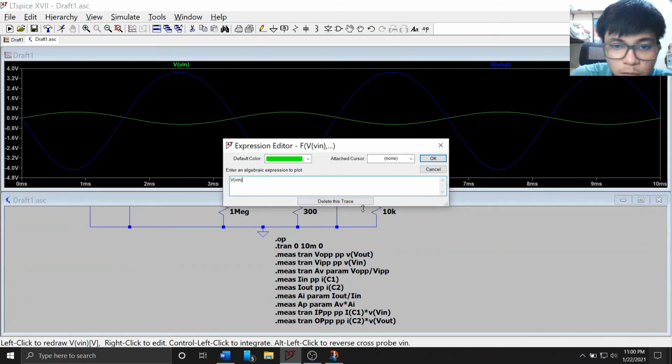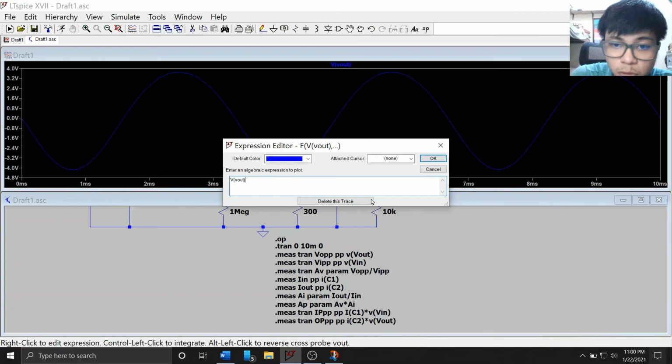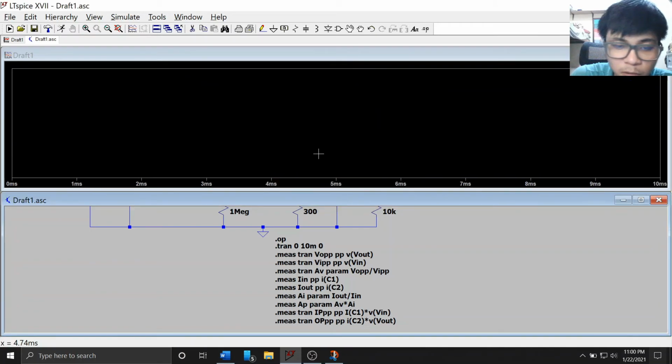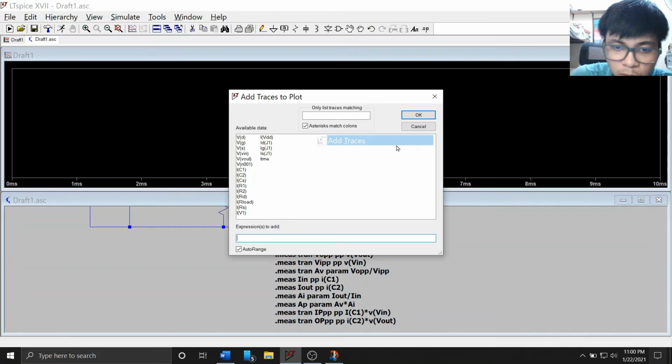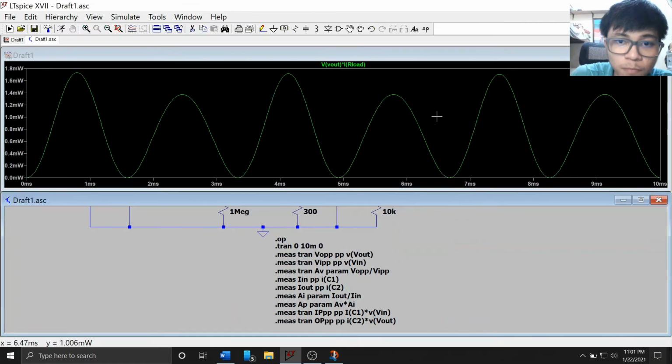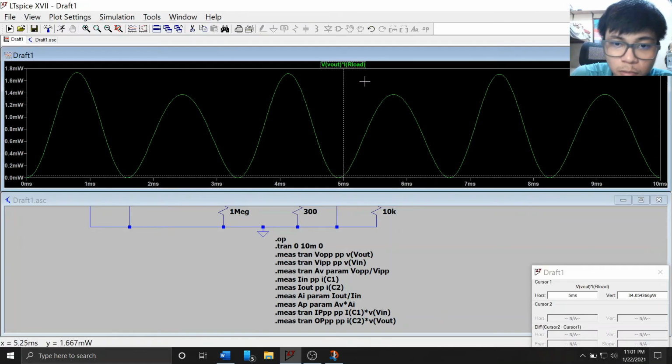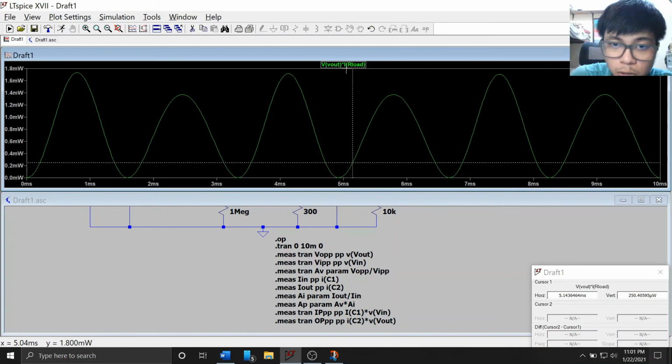Before we solve that, let us first produce the waveform of the output power, which is equal to the output voltage multiplied by the current across the load resistor. So we have to place two cursors.